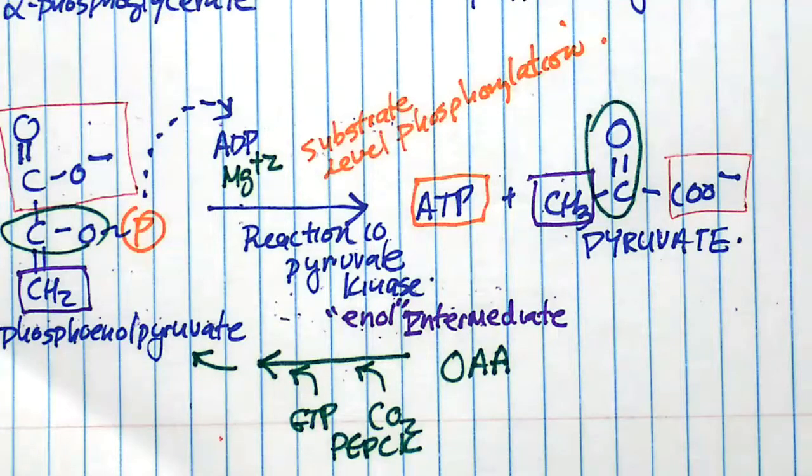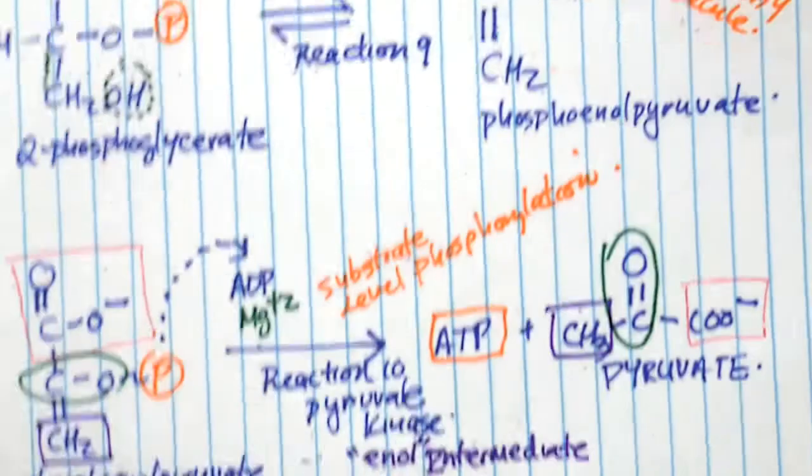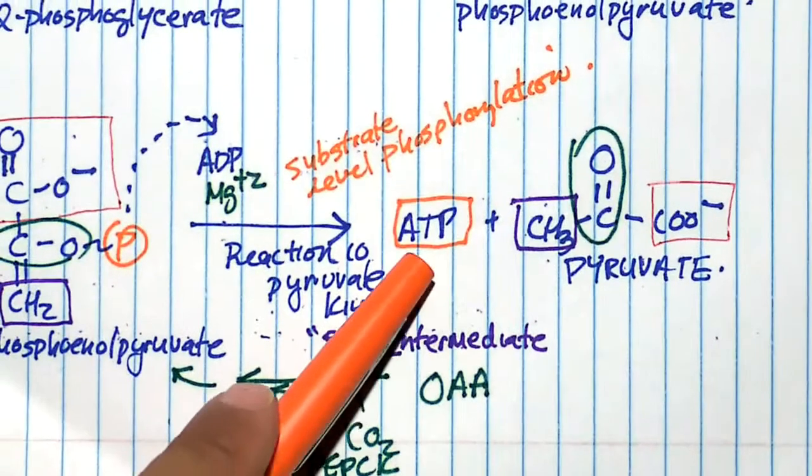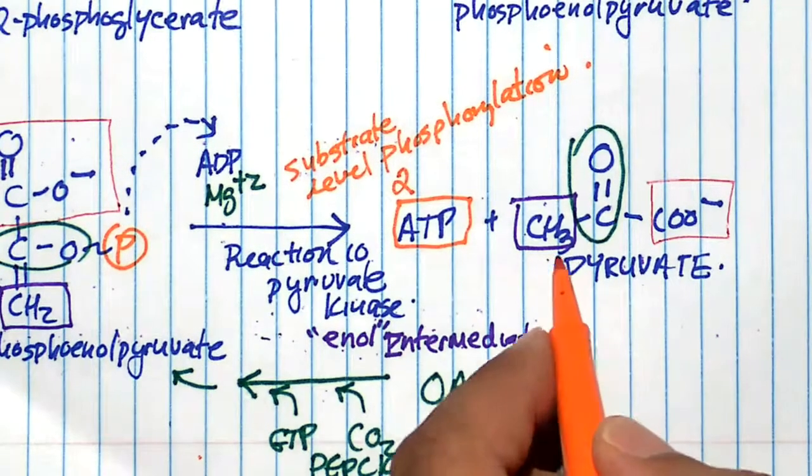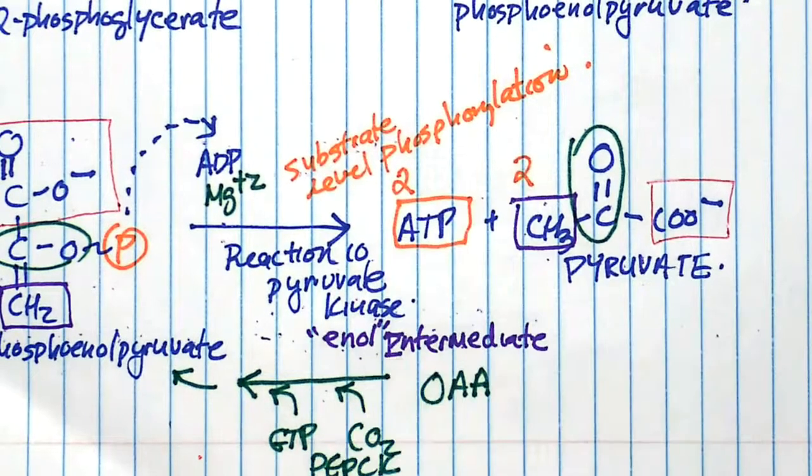But the triose phosphate isomerase reaction gives you 2 molecules of glyceraldehyde 3-phosphate, so you have to go through 7, 8, 9, 10 twice. So instead of making 1 molecule of ATP, you made 2 molecules of ATP, and instead of making 1 molecule of pyruvate, you made 2 molecules of pyruvate.